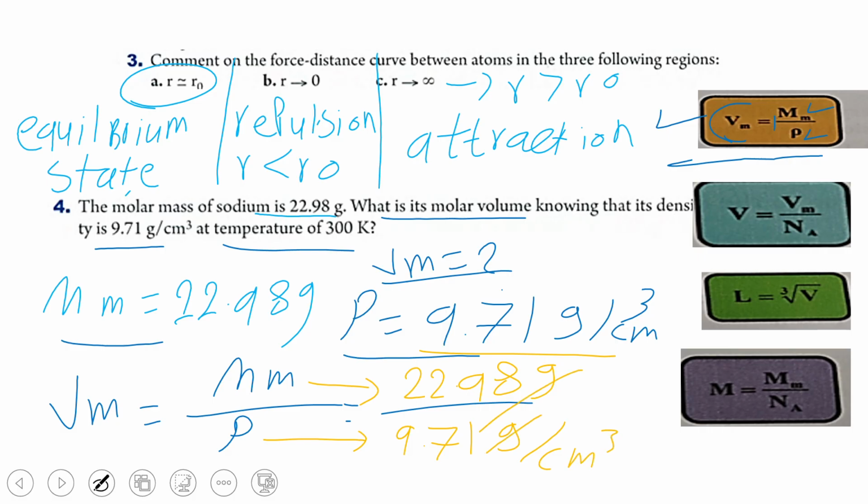The gram is going to be cancelled. Dividing both, the answer is, I think, 2.37 centimeter cube.